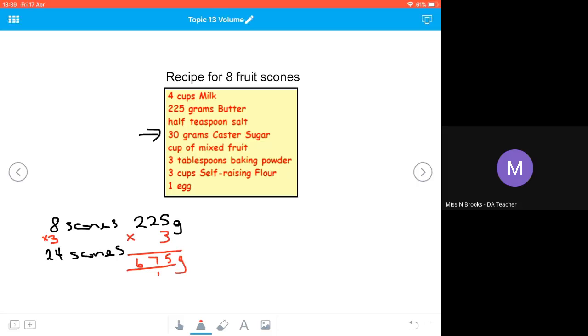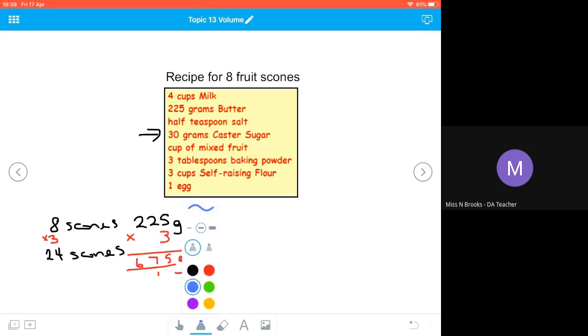If I only had enough milk for 2 cupfuls left in the house, but still wanted to make a few scones, according to the recipe, how many could I make? Right, so this time we're looking at the recipe for 8 scones.